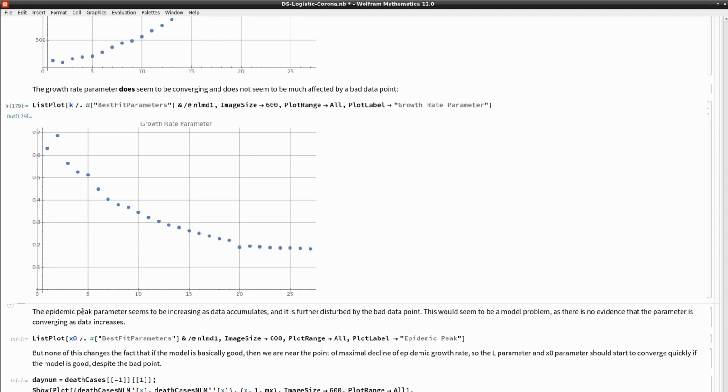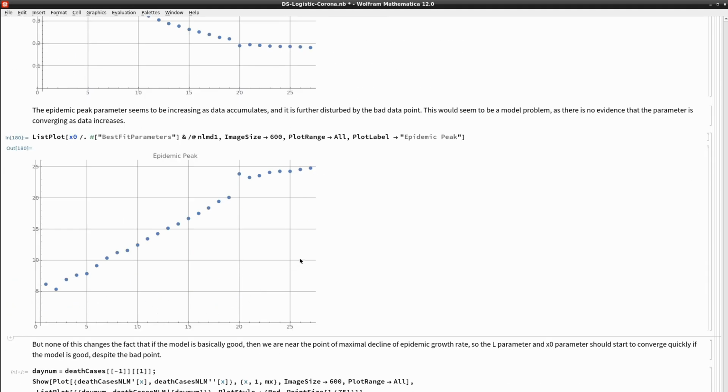And the peak epidemic parameter seems to be increasing as data accumulates and it's further disturbed by the bad data point. This would seem to be a model problem, as there is no evidence that the parameter is converging as the data increases. Right? We see again a jump here and then a somewhat elevated level of the next 4 or 5 points.